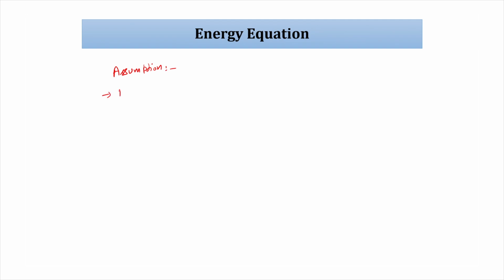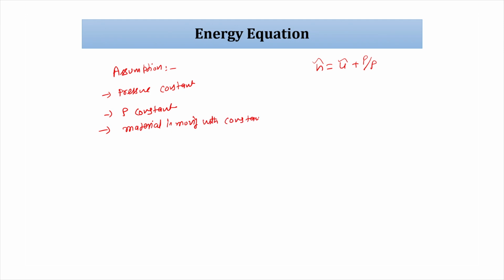In pressure, we are assuming pressure is constant, rho constant, and the material is moving with constant velocity in x, y, z direction.